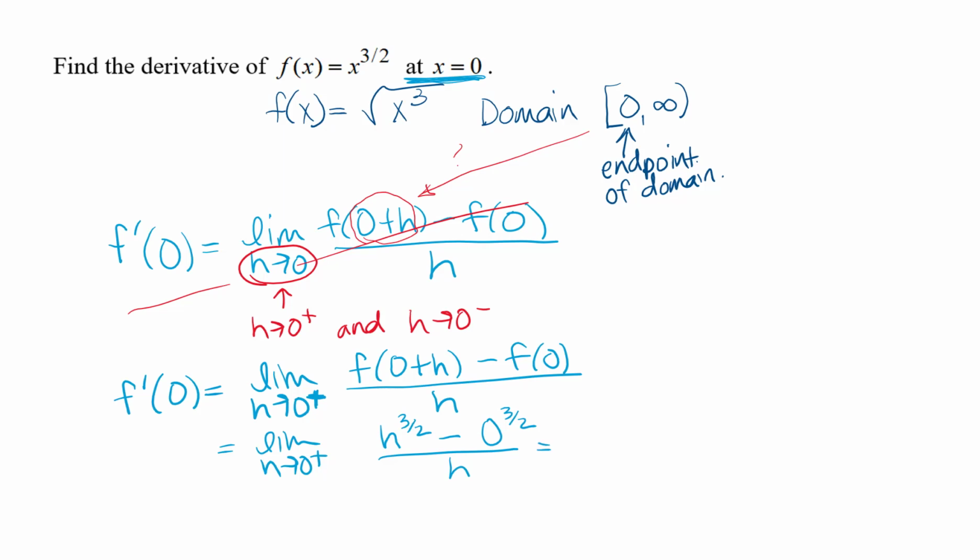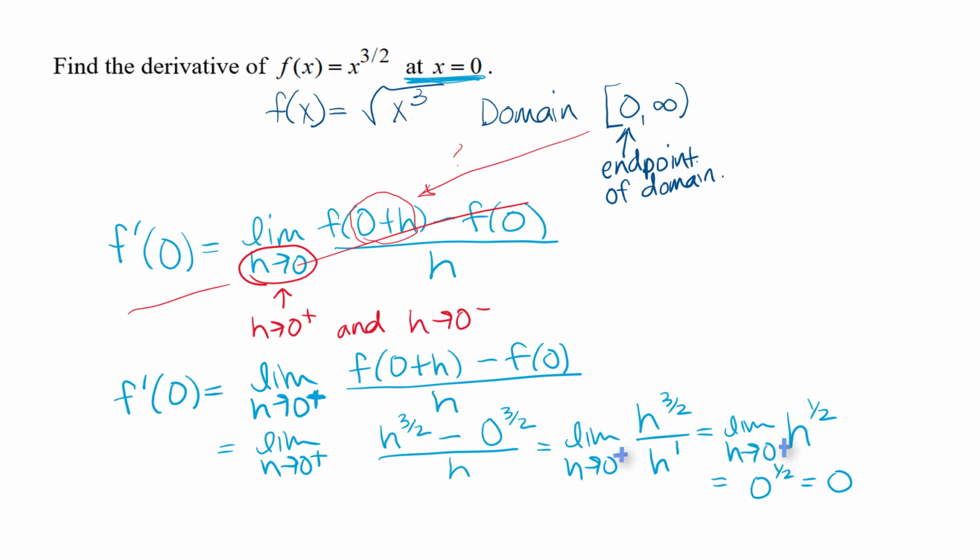So this limit becomes the limit as h approaches 0 from the right of h to the 3/2 over h to the first power. If I then use some properties of exponents to simplify that, I can subtract exponents. And I end up with h to the 1/2 power, which means square root of h. And so I have a power rule for substitution shortcut that I can use for something like this. So I get really just 0 to the 1/2, which is 0.